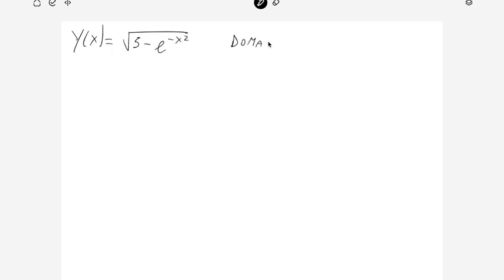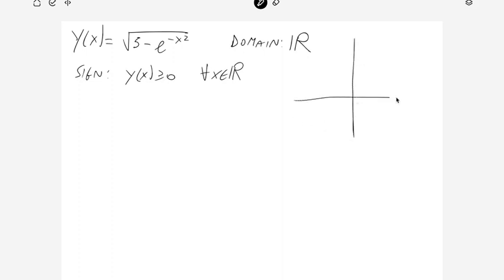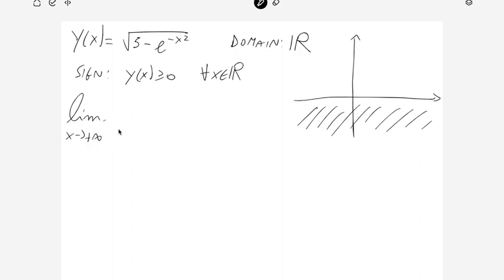We just computed the domain, which is R. The sign is very easy, because the function is always positive, because there is a square root. So the domain is R, the function is always positive. Then just the asymptote at infinity: 5 minus e to minus x squared.